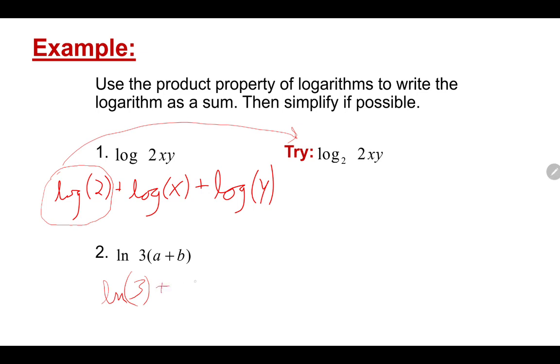And then it's plus ln of (a plus b). There's no way to separate that. That is a single term. So we need to keep that together. And that's really all there is. That doesn't separate any other way.